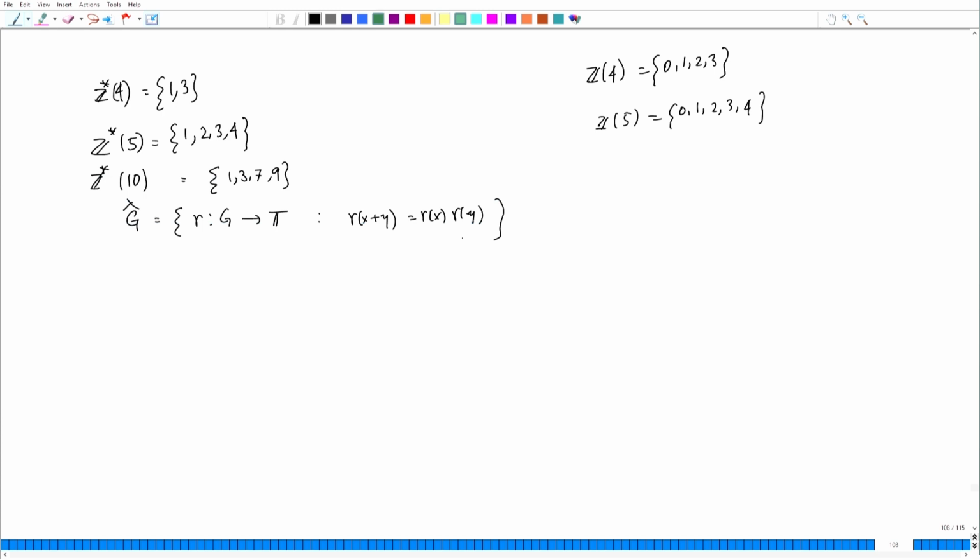Now, if G is a finite abelian group, then what we can observe is that G hat is a finite abelian group under the operation of pointwise multiplication.